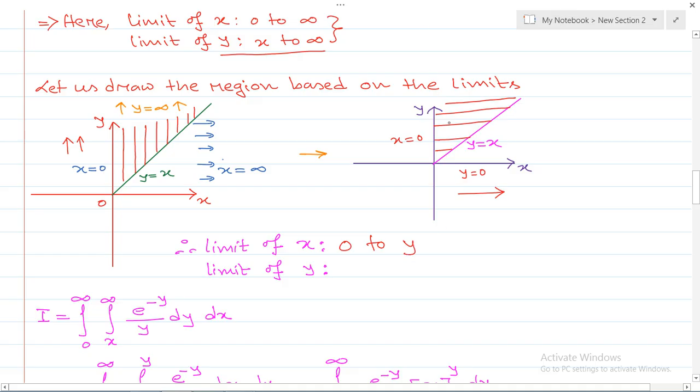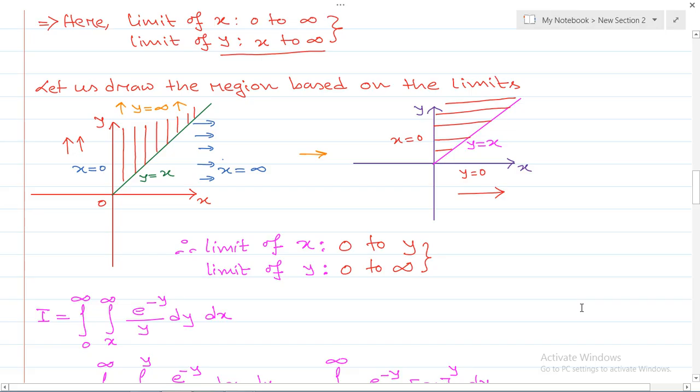Since there is no upper limit, it will go in the upper side, so y is going to be 0 to infinity. So before we change the order of the integration, you can verify this. Initially x was having constant limit, y was having variable limit. Now x is becoming variable limit, y is having the constant limit.